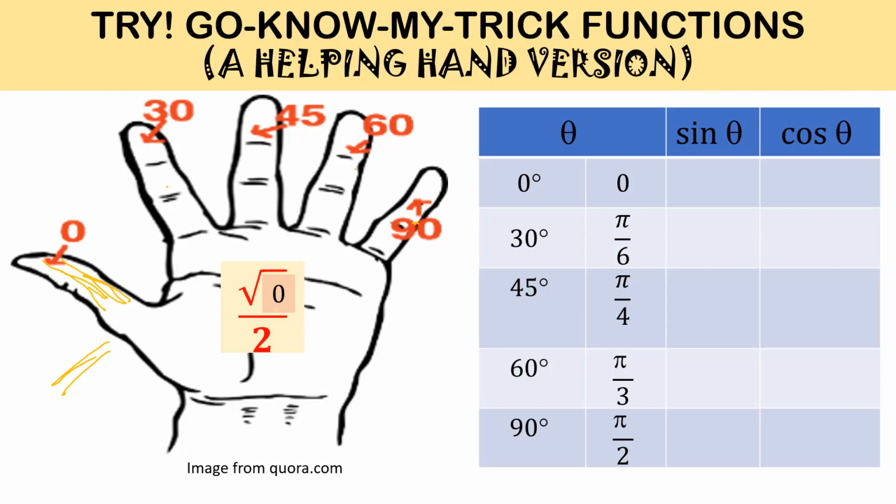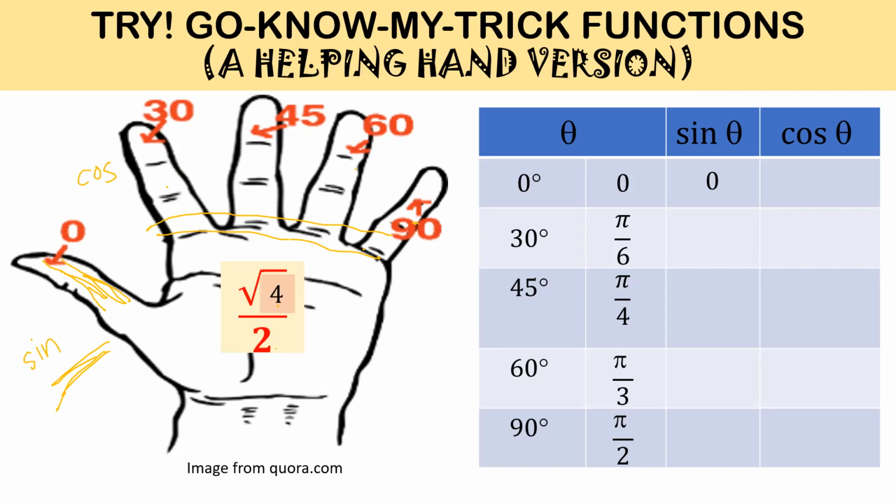So, ayun, that's why you have 0 over 2. So, this represents the sine function, yung nasa kaliwa. And the number of fingers you have on the right side represents the cosine function. So, yung number of fingers mo sa kanan is 4. You have 4 fingers there.